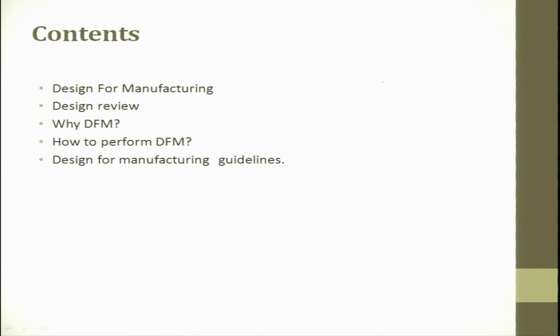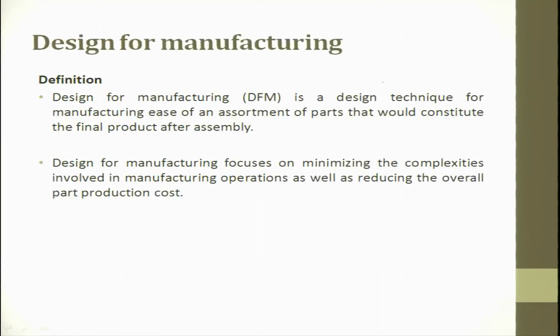In fact, food industries have started following design for manufacturing. The definition of design for manufacturing is a design technique for manufacturing ease of an assortment of parts that would constitute the final product after assembly. So, it is not only for a single part, but for an assortment of parts.